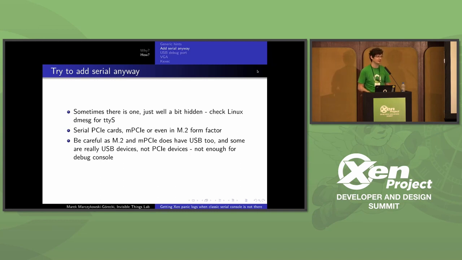It may be some test points. Some of the laptops in the test setup I was presenting yesterday have something like this. So if you look into Linux messages, you will see ttyS something. And if you have it, then take a closer look at your main board. Maybe you will find it.